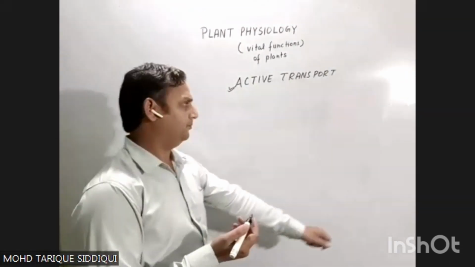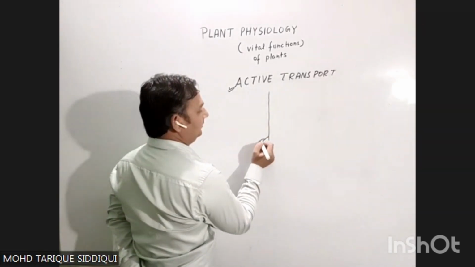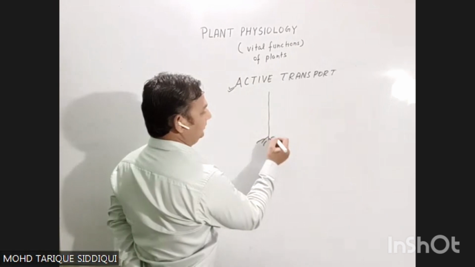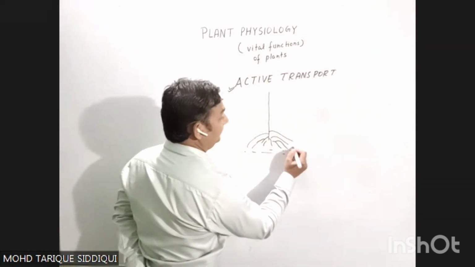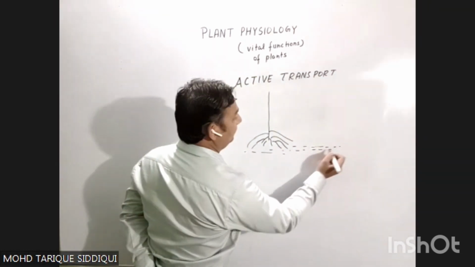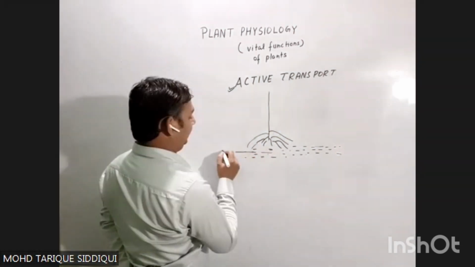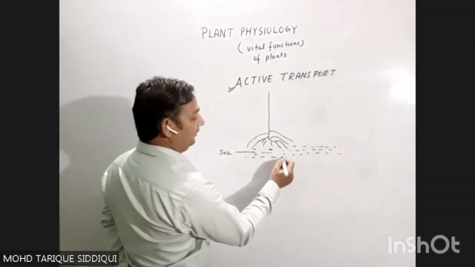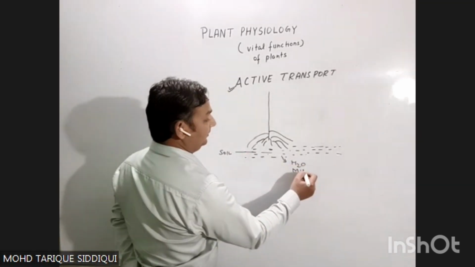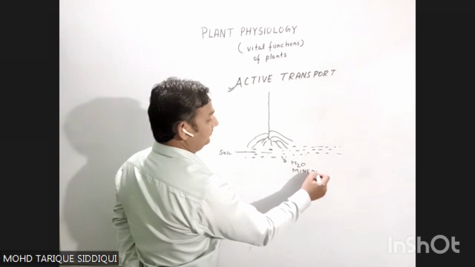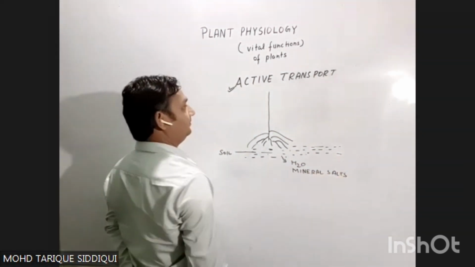Now, I'm making here the root hairs because this is the soil level where the water, minerals are all available. Soil, availability of water, minerals, mineral salts. All right.